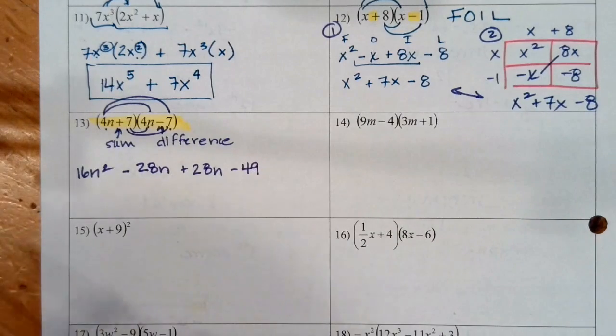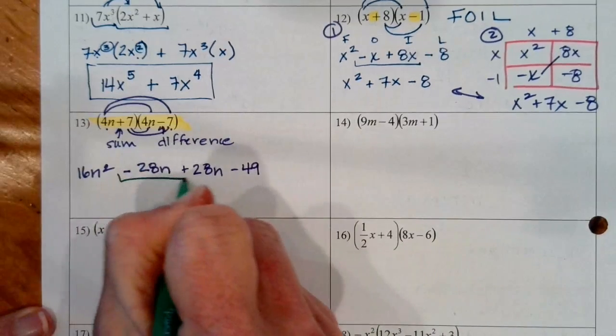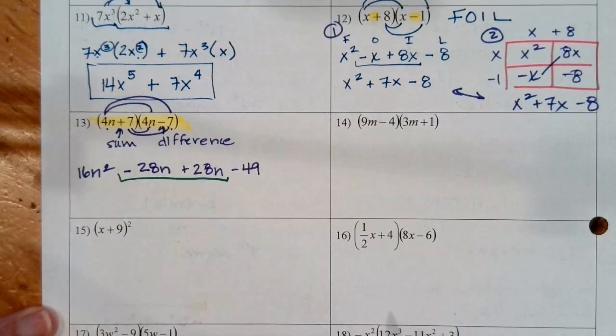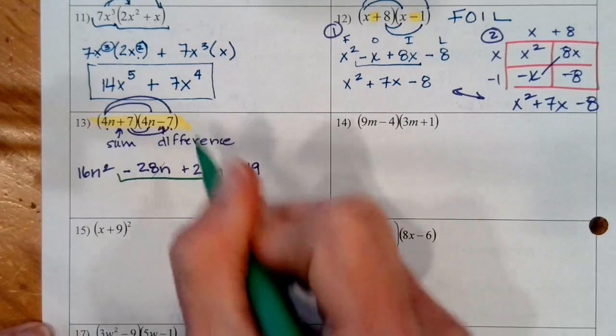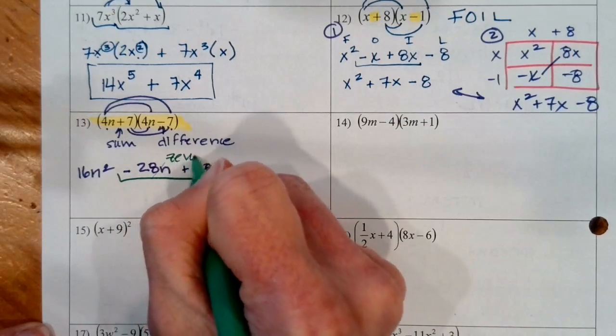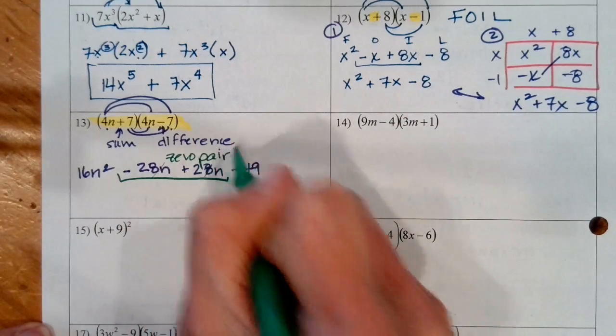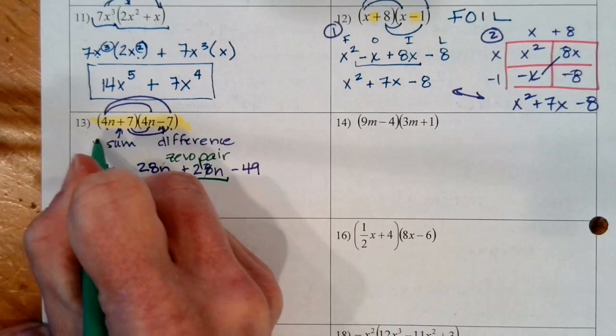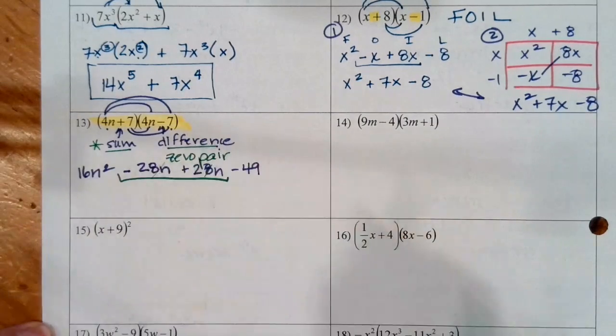Now here's what we begin to see. Guess what? These are a zero pair. Plus 28 and minus 28n's are going to cancel each other out, and they're going to create that zero pair. That always happens with the sum difference pattern.